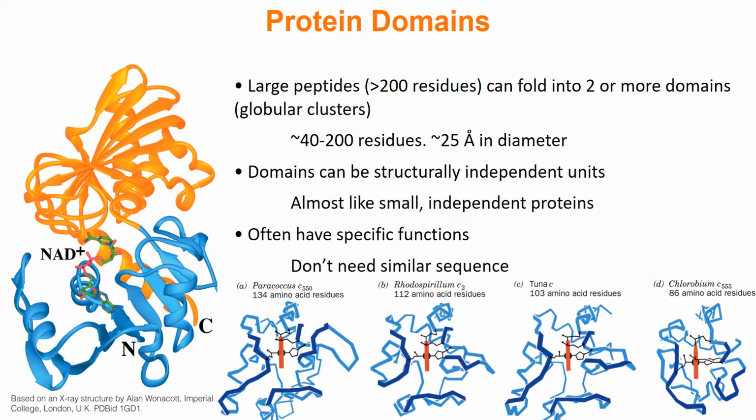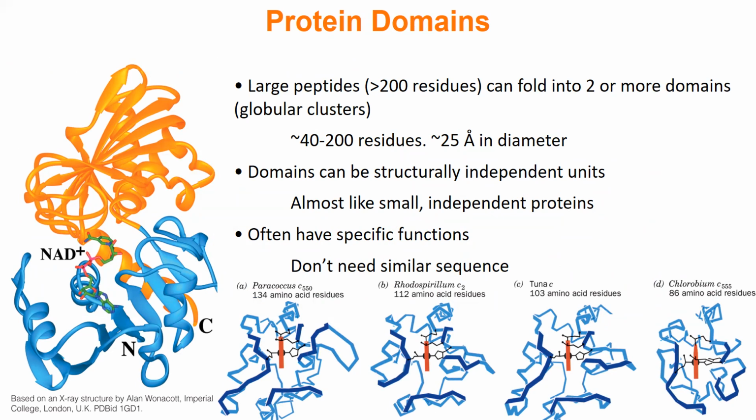The last thing I want to talk about on this slideshow, from Friday, and it's something I already talked about before, is protein domain. So let's get a little bit into what an actual protein domain is. Protein domains are within proteins, and they're usually found in larger proteins, so anything that's over 200 residues.